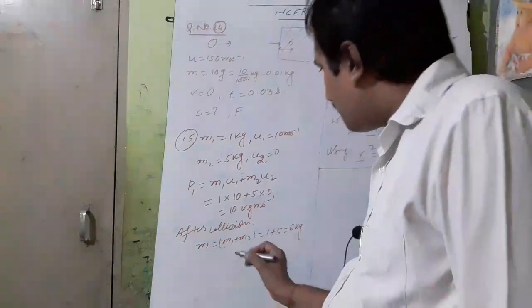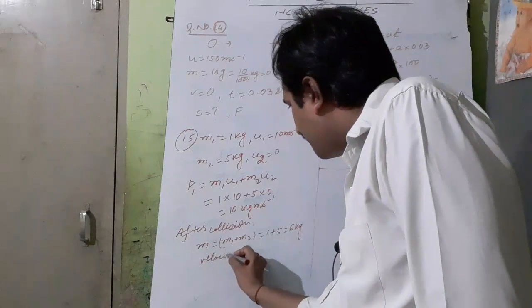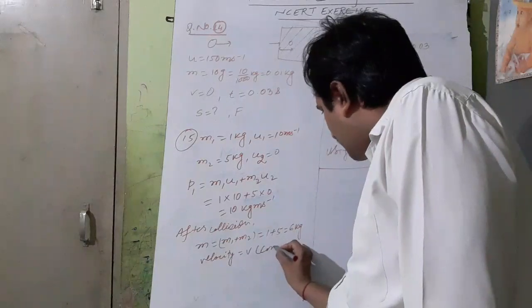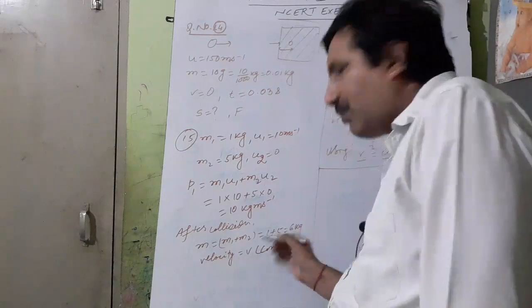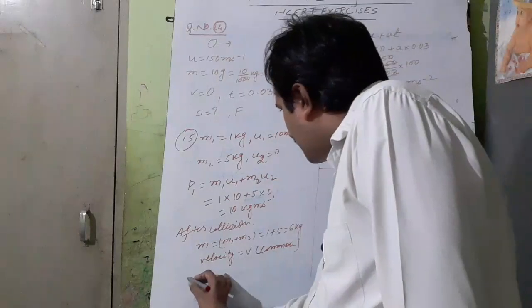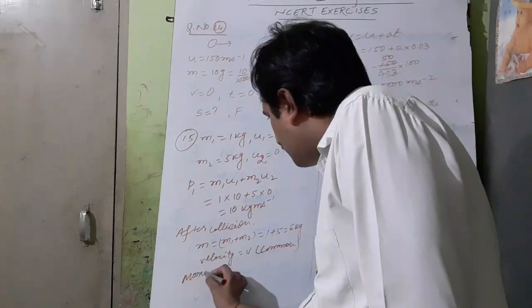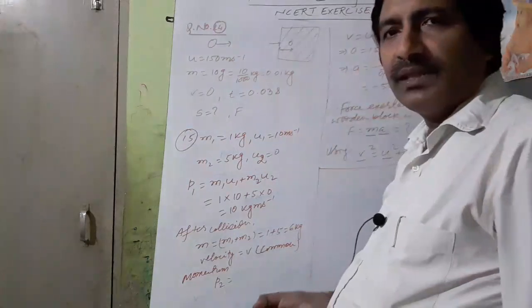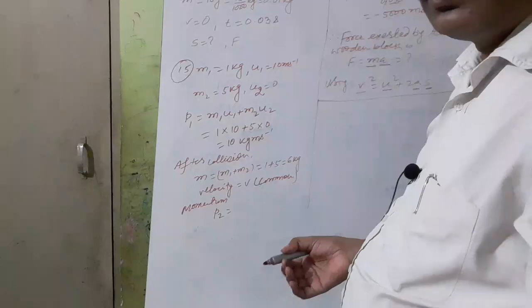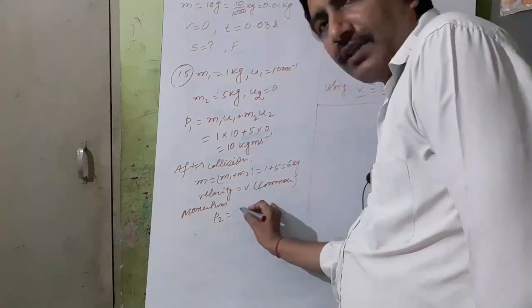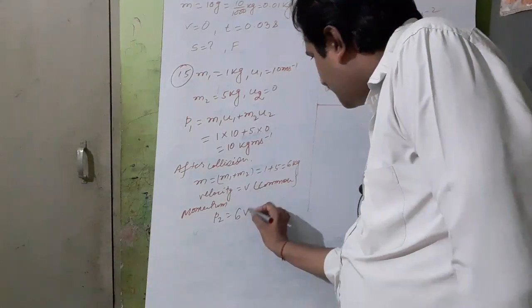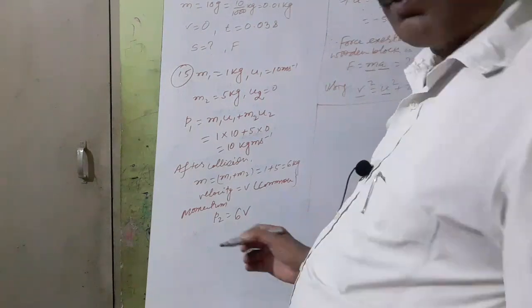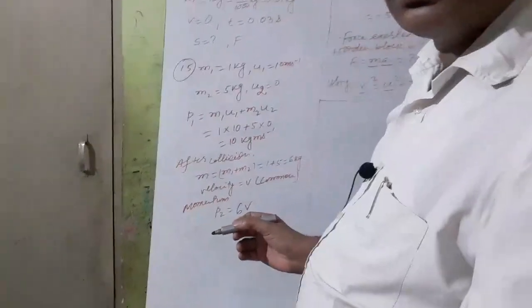Because they are moving together, and velocity is equal to V. It is common velocity because both the bodies are moving together. So momentum P2 is equal to 6V.